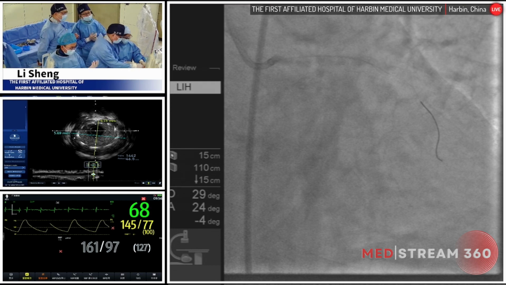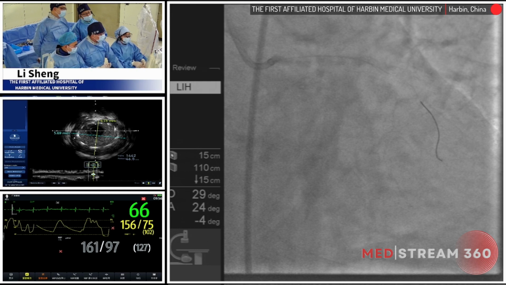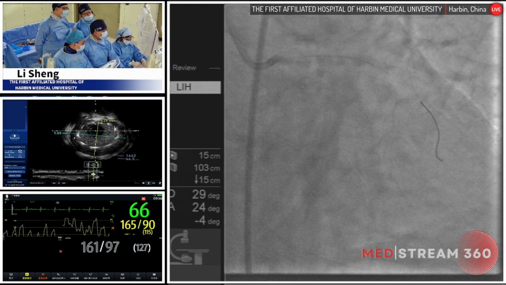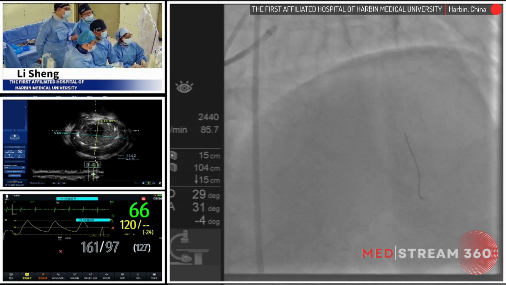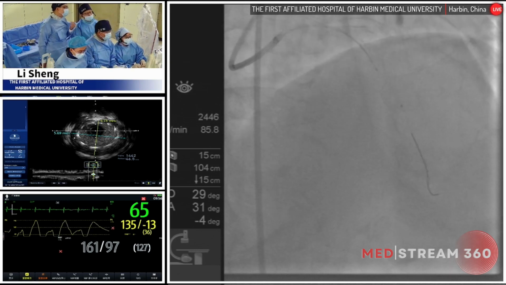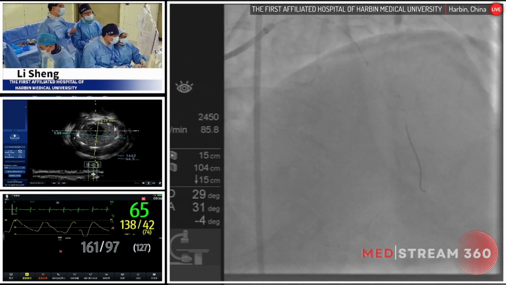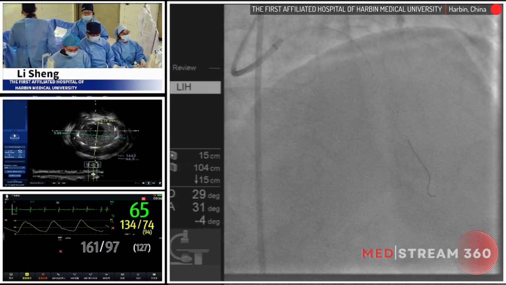So the left coronary artery is very important to this patient. Even here we can see the stenosis is more than 80% in the left main. This may be the culprit lesion for his TnI, but we should finish the RCA first, because the RCA CTO is not so complex and it's much safer for the patient to do the RCA.